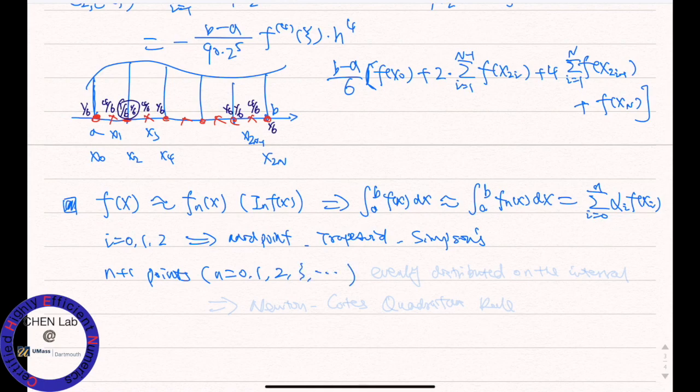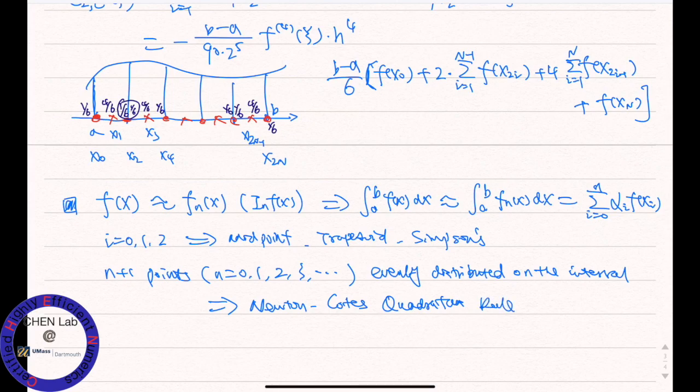If these n plus 1 points are evenly distributed on the interval, then you end up with a quadrature rule, with the weights and the points I talked about, and this is the so-called Newton-Cotes quadrature rule.